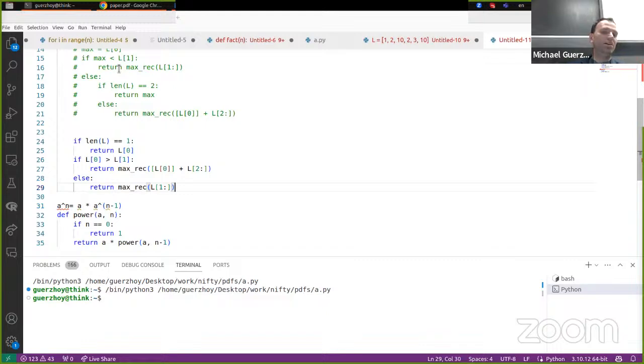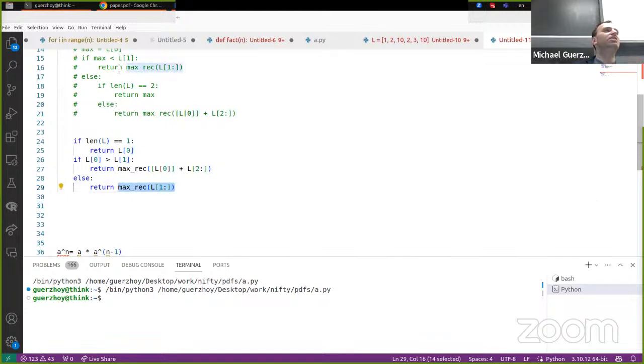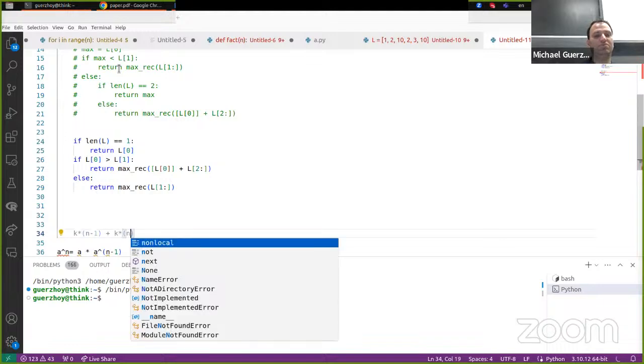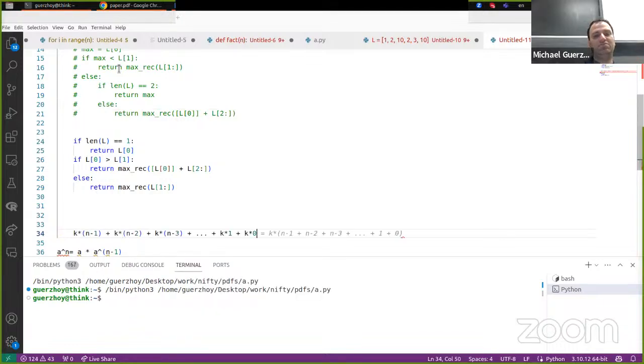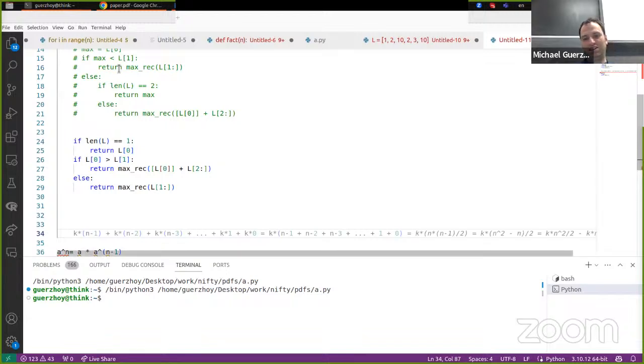It doesn't matter, but let's say for simplicity that this always happens. So you have time proportional to n minus 1, so k times n minus 1, and then you make the call to a list that's one shorter, so the next time it's k times n minus 2, and so on. So that's like this, and this is indeed like this.